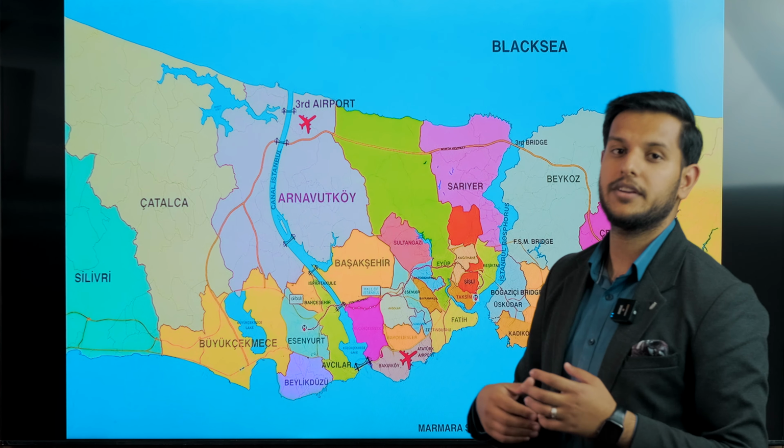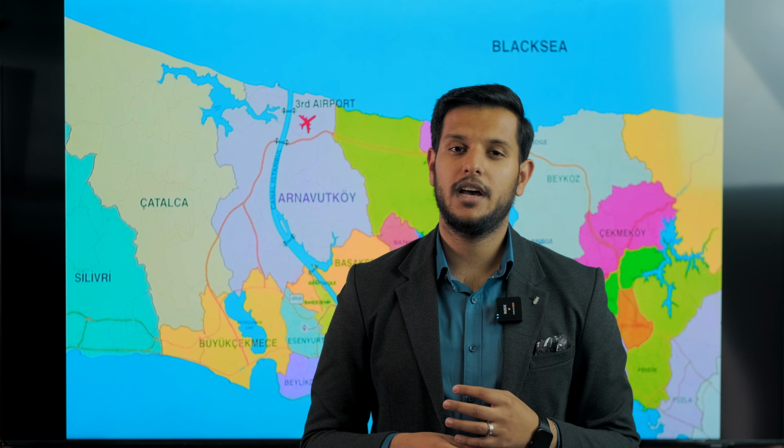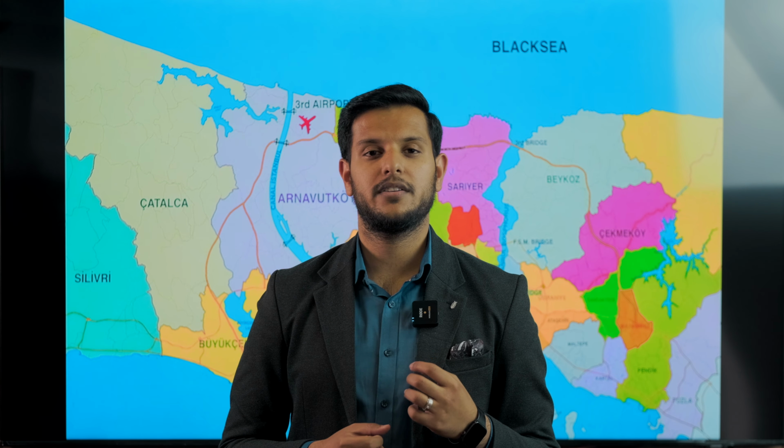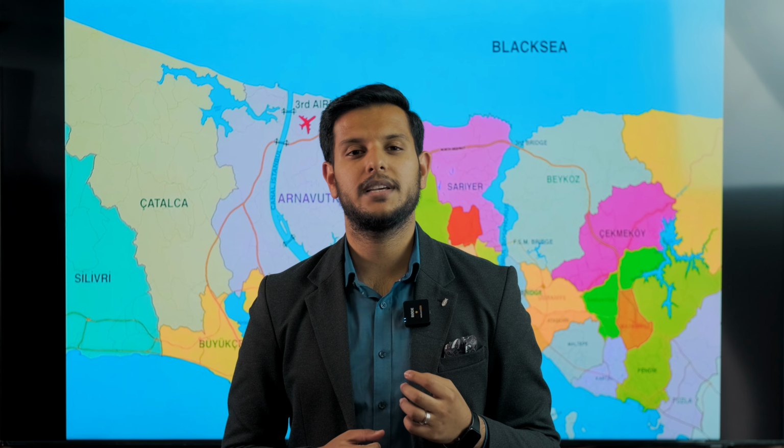You cannot find new land over there. They have new urban regeneration projects as well. So these are the places which can be potential for the investors who are looking to get good capital gain and rental income. Because in these areas, we mostly have tourists and tourists are there all year round. So you can get good rental incomes if you invest there, all right? And huge capital gains as well.